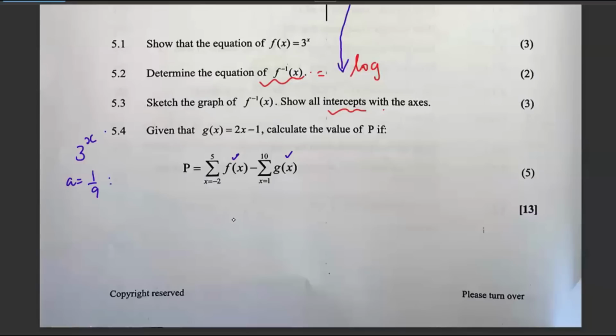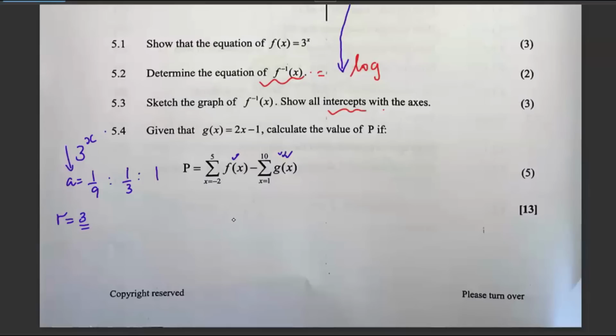And then if x is negative 1, we're going to have 1 over 3. And then x is 0, we're going to have 1. What does this mean? It simply means that 1 over 3 divided by 1 over 9 gives us 3. So our common ratio is just 3 for the first part.